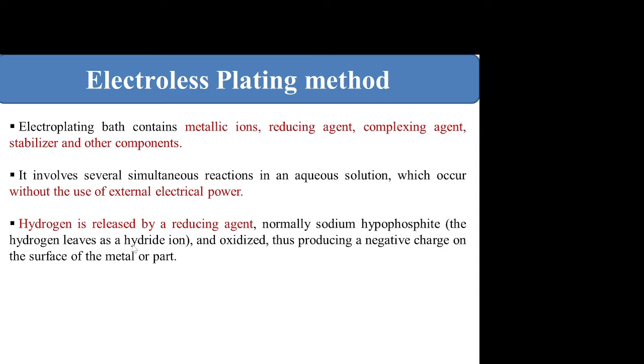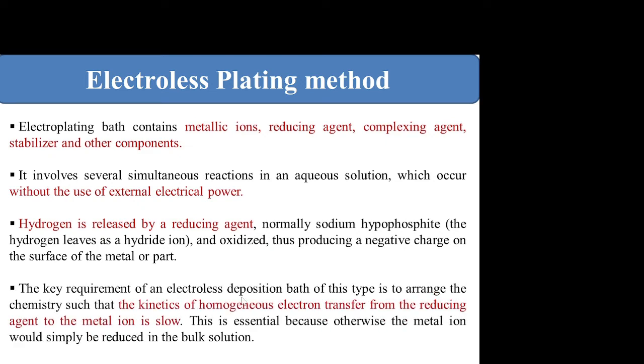The hydrogen leaves as hydride ion, H- ion, and is oxidized, producing a negative charge on the surface of the metal or plastic part. So the hydride ion produced in the solution gets adsorbed on the metal surface or plastic part, and produces a negative charge on the metal surface, which aids the deposition of nickel 2+ or copper 2+ from the solution as nickel metal.